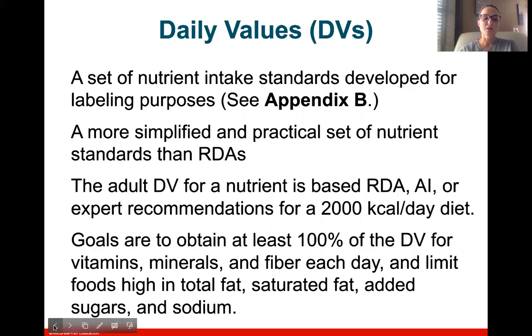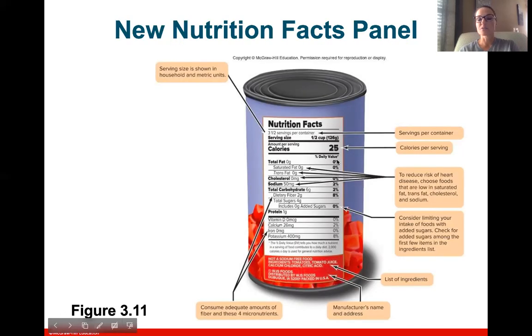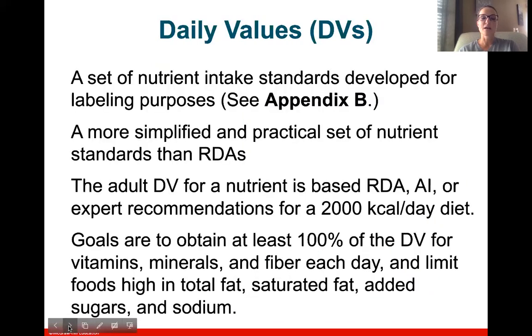You'll see over here on the label this percent daily values. That percent daily value is based on a 2,000 calorie diet. It is how that food product meets the RDAs based on a 2,000 calorie diet.